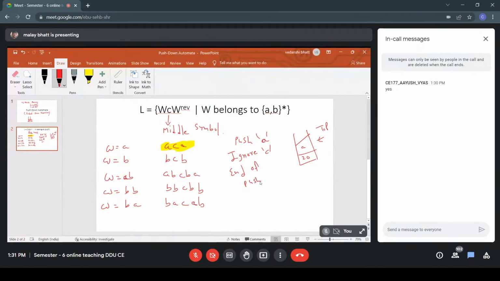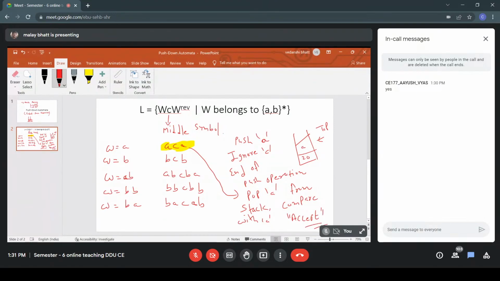Now when we get the last A, we'll pop the A from the stack, compare with A, and generate the message as accept.